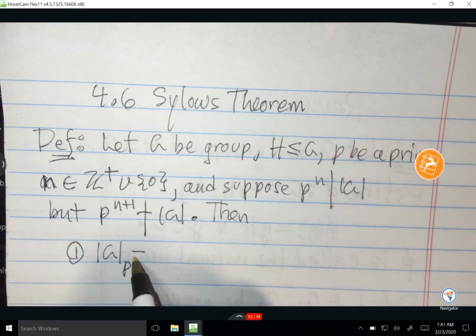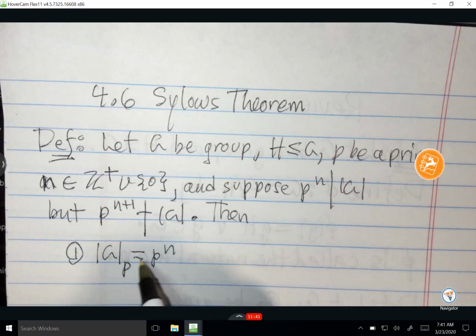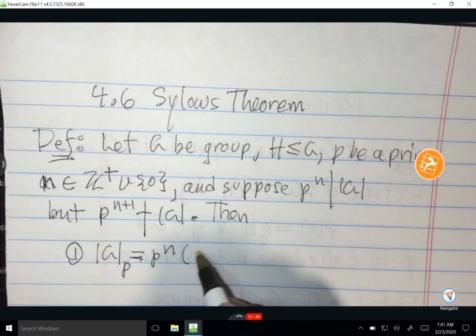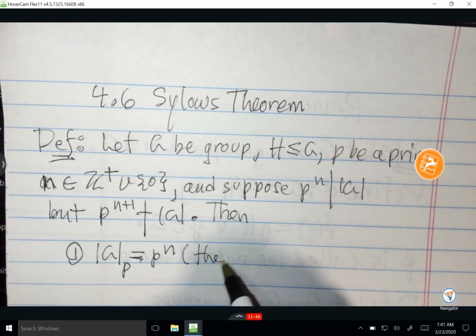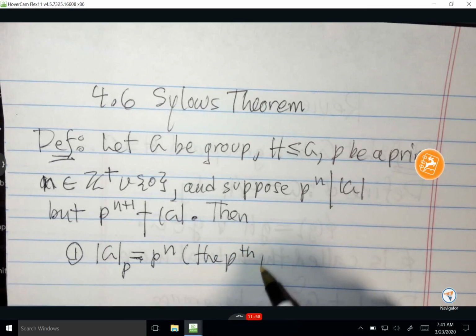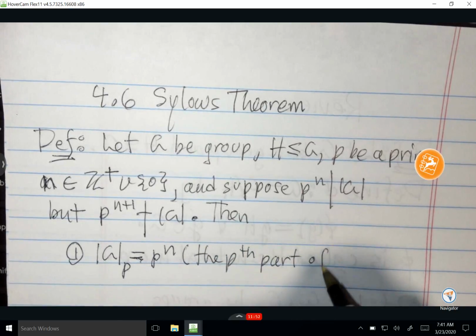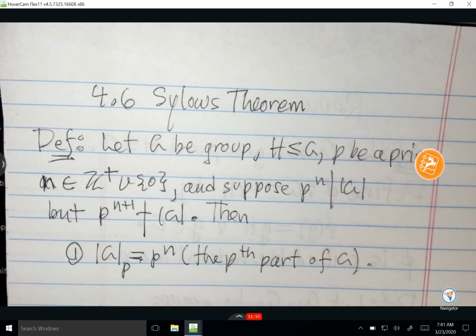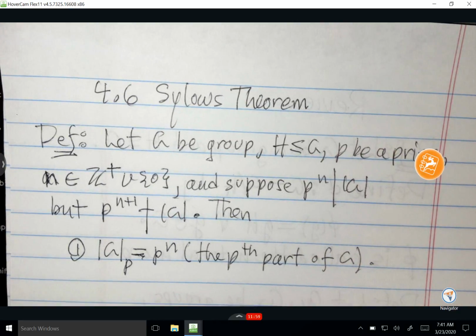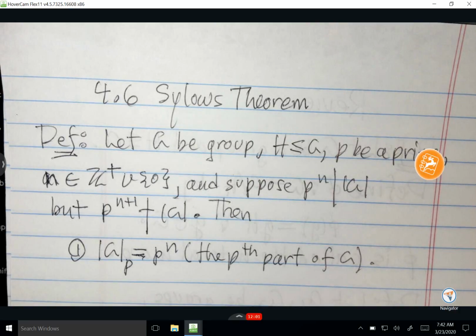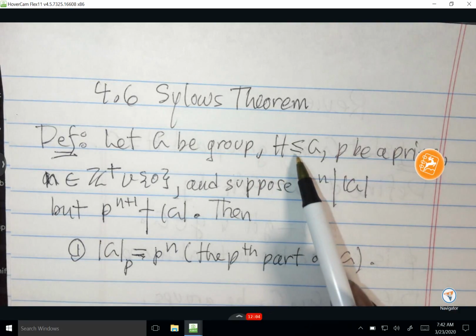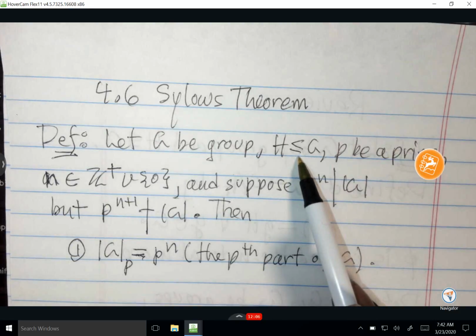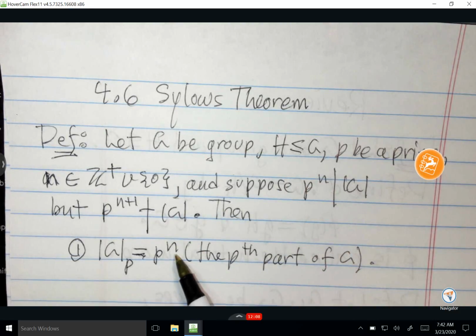And it is just a symbol to stand for that number, p to the n. And in words, it's called the pth part of G. Okay? So it's just a number. What happens if a subgroup, follow the pen, like this H, happens to have the pth part of G as its order? That would be interesting.